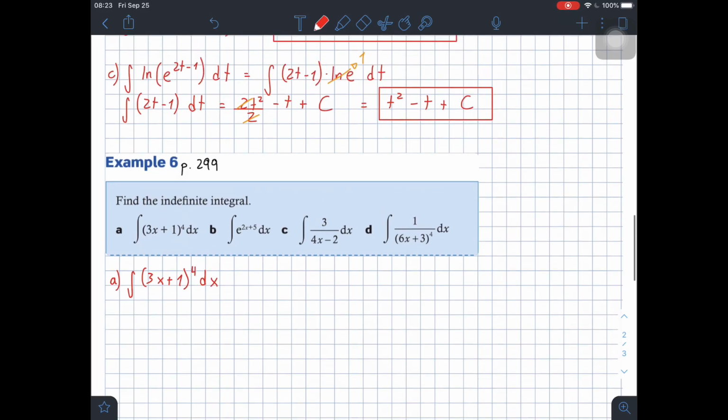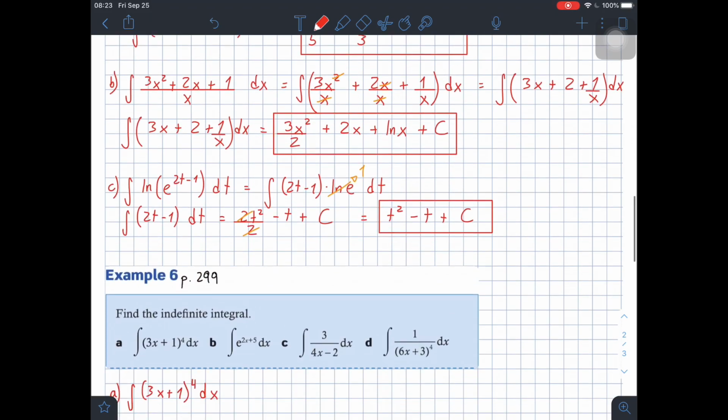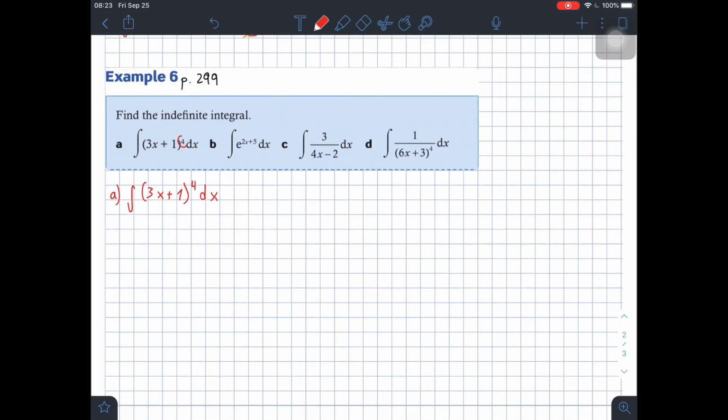Okay, if you look at the first exercise here, what we did was just expand this expression in order to get a simple form, which I know how to integrate, right? Now, the problem here is that I have the 4th power, so trying to expand all of this will take up a lot of time, okay?